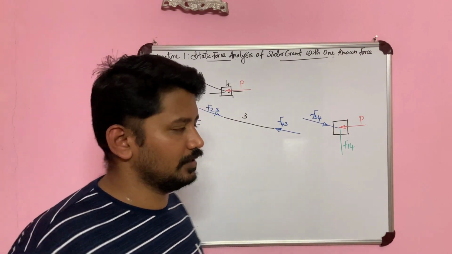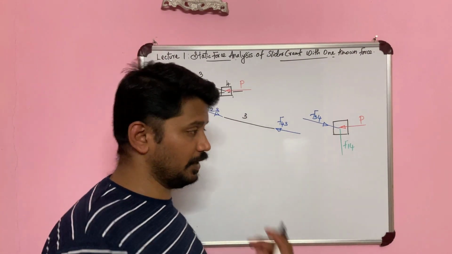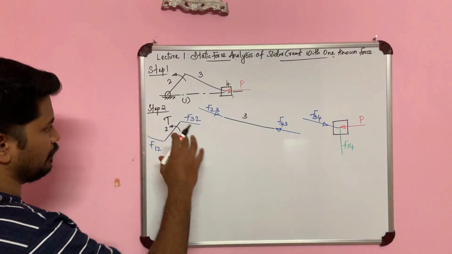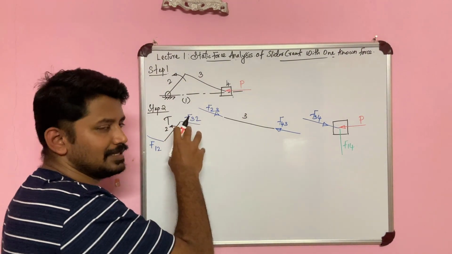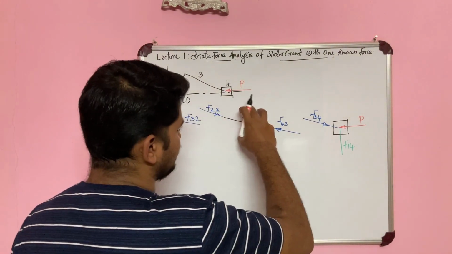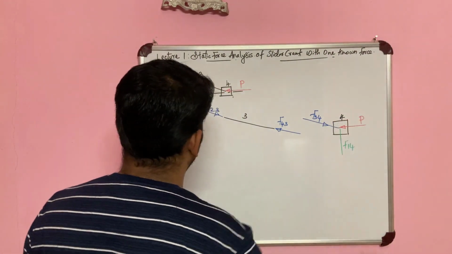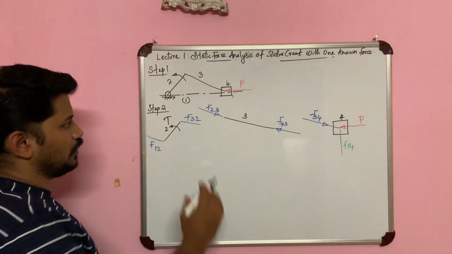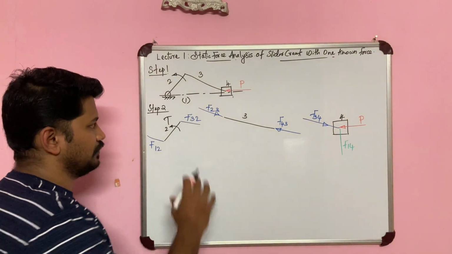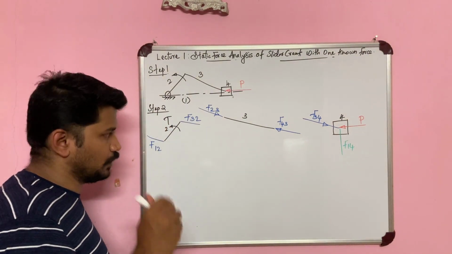That is what we tend to achieve from the free body diagram. This is the free body diagram for the second link. This is the third link, and this is the fourth link. Right. So on the second link, I have two forces and a torque.